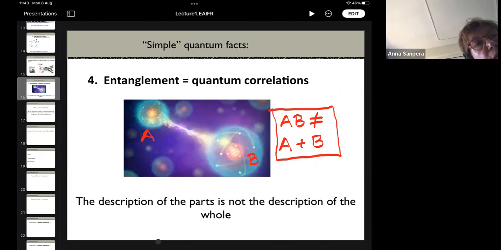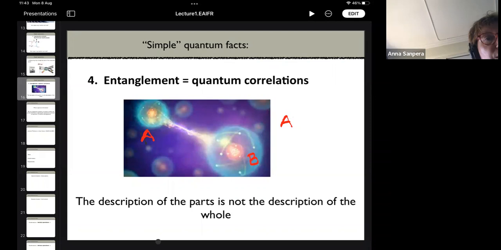This is also the second big thing that we will use for quantum technologies. So quantum technologies will be very much based on superposition and entanglement.